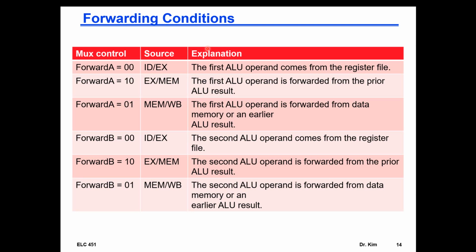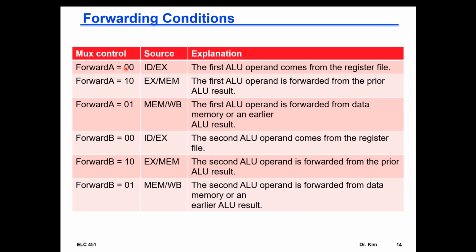So this is a truth table, which does exactly what I just went through. Okay, this would be the possible values of the forward A signal.